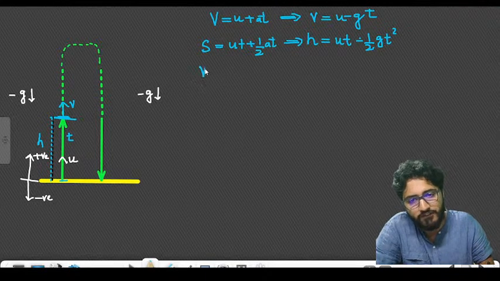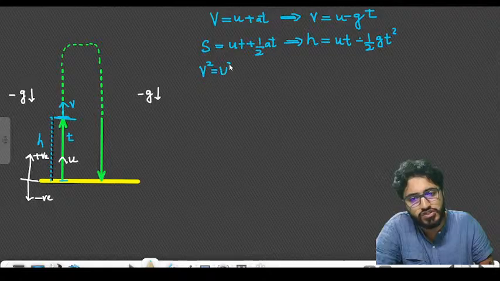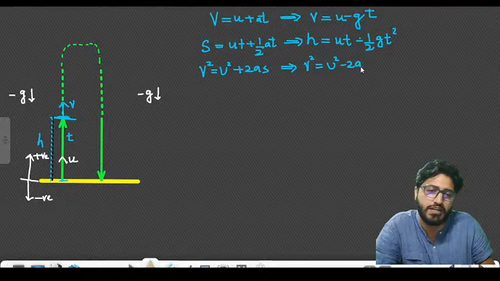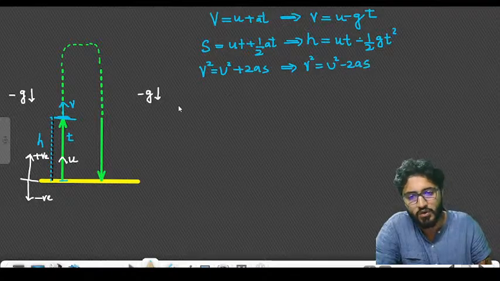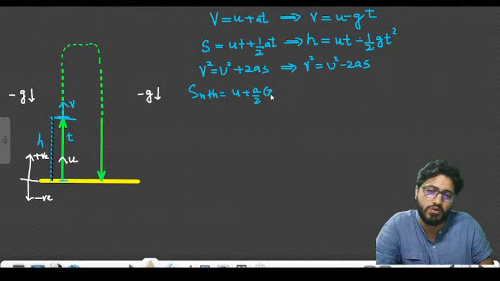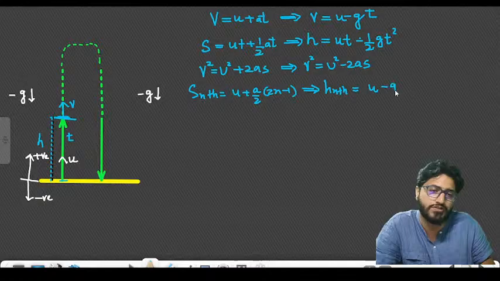Third one: v square equals u square plus 2as. I will write this as v square equals u square minus 2 g h. Then s nth equals u plus a by 2 times (2n minus 1). I will write this as h nth equals u minus g by 2 times (2n minus 1).